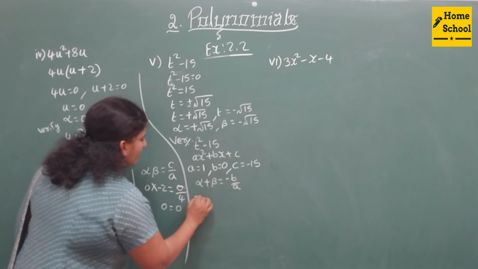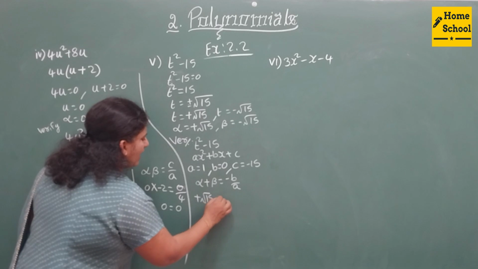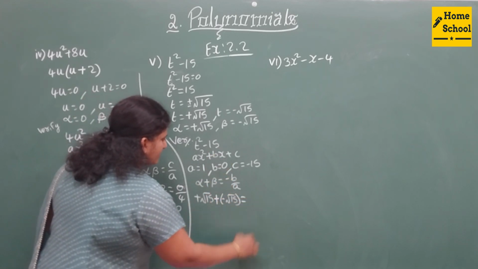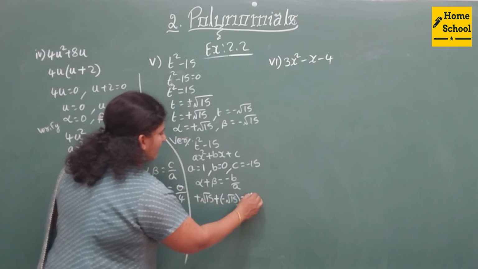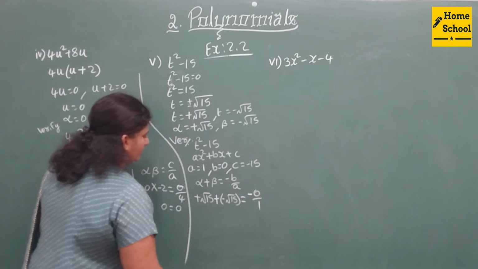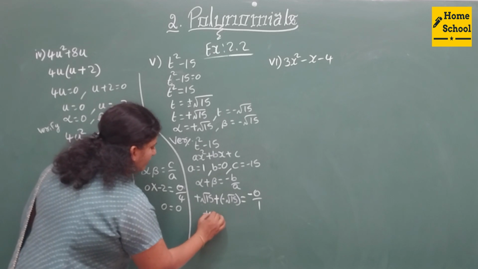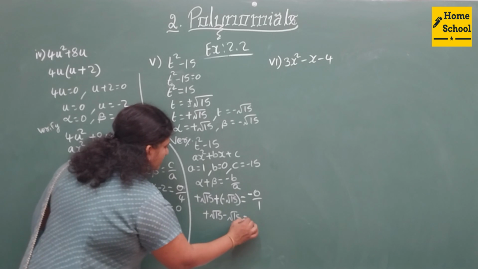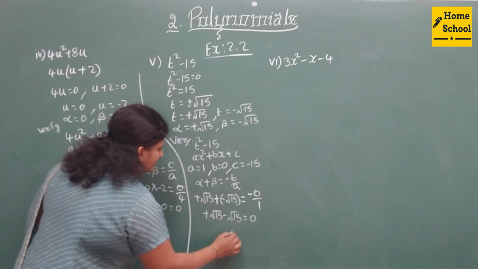Alpha value is plus root 15 and beta value is minus root 15. That is equal to minus 0 by 1. So plus root 15, remove bracket and write here plus into minus, minus root 15. 0 by 1 is 0, and this is 0.